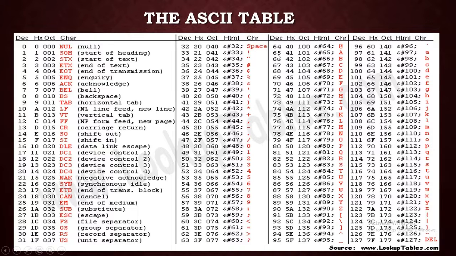As you can see, it is the combination of different symbols, spaces, numbers, and then we also have big letters or the uppercase alphabets, and then we also have lowercase and other symbols. These are the different symbols that you can also see on your keyboard.